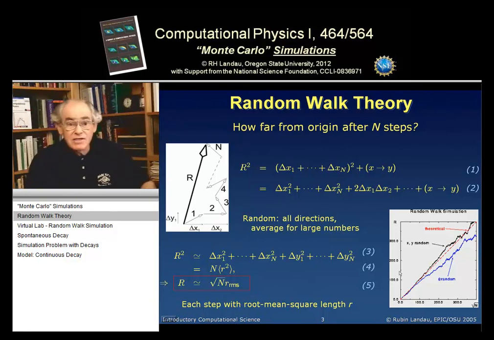And the way you check this out in simulations, as we've done here, is we draw a graph of the distance r versus the square root of n. And the theory tells us that it should be a nice straight line, as you see here in red dashes down the middle. And it's a simulation, and one of the reasons we're computational scientists is we'd like to experiment.